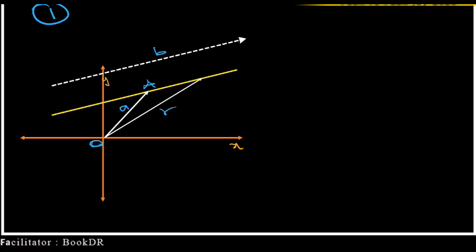Let's refer to that little portion as C. So we have three vectors forming this triangle. The vectors are A, R and C. And our yellow line is the line we are interested in finding its vector equation.